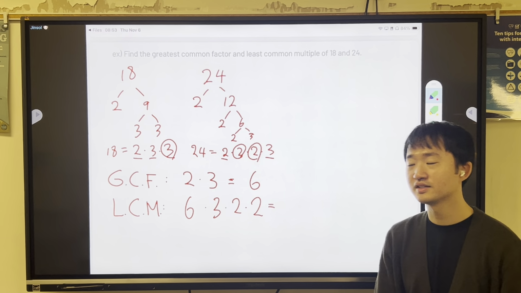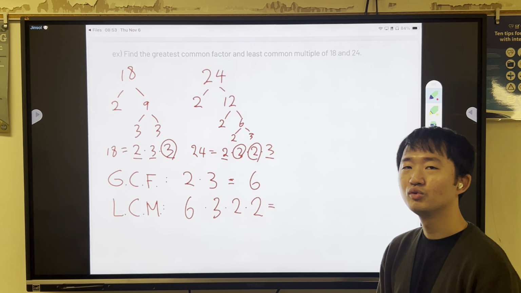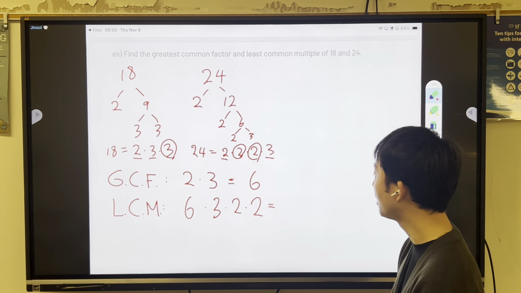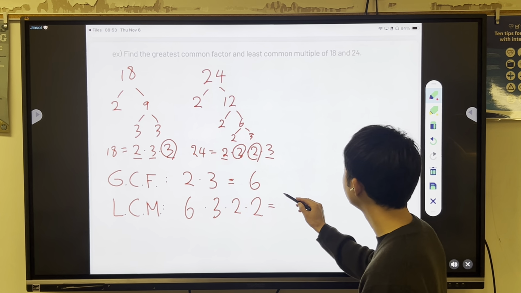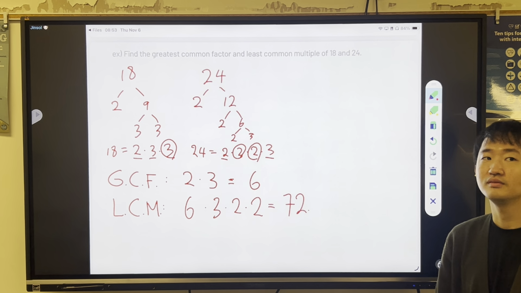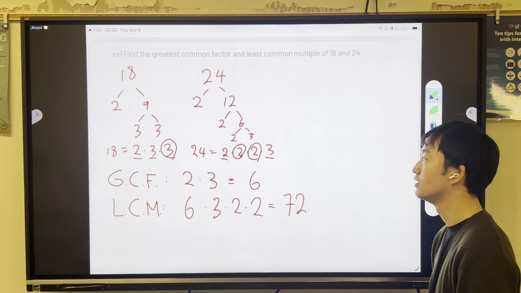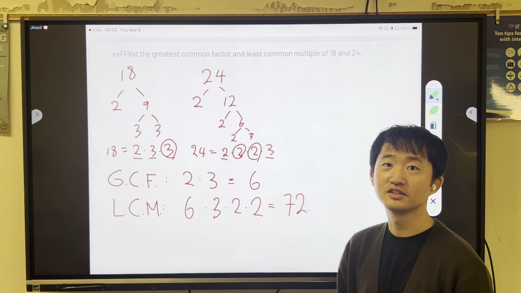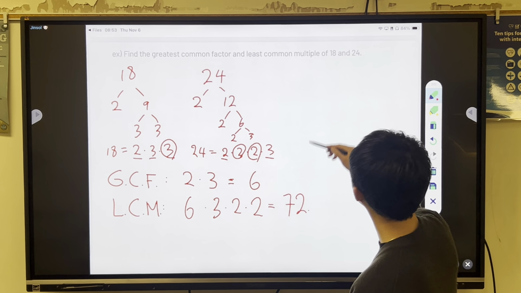If we do 6 times 3 times 2 times 2, we'll find the least common multiple, which is 72. So that's how we find the greatest common factor and the least common multiple.